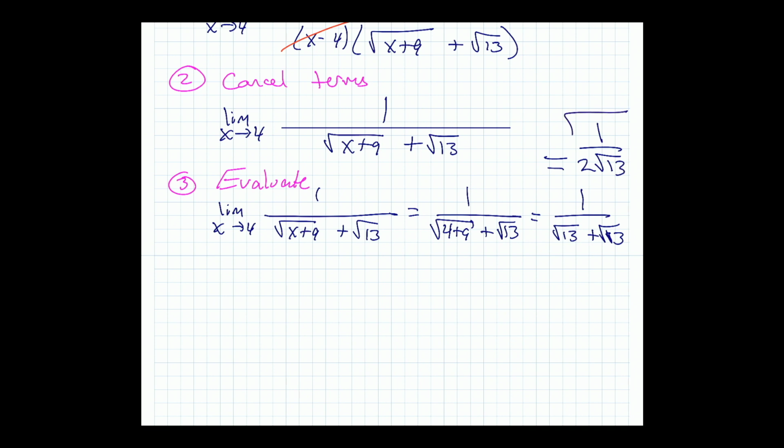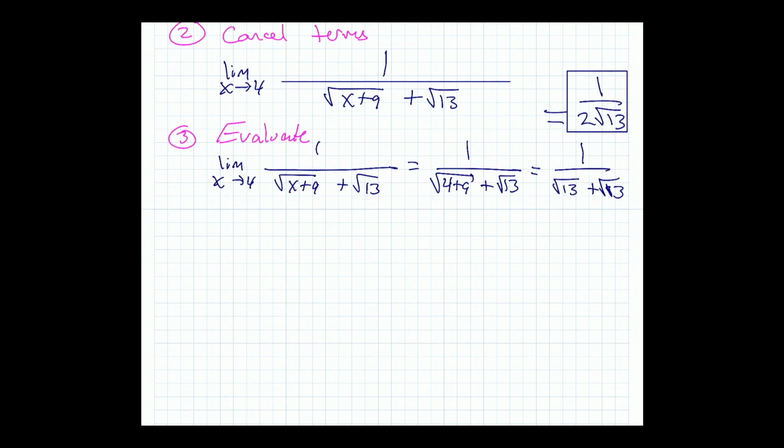Okay, now that's actually a perfectly fine answer, but it doesn't match the one that you have a choice on the homework, and that's because normally when you have square roots in your denominator, they want you to do what they call rationalize the denominator.